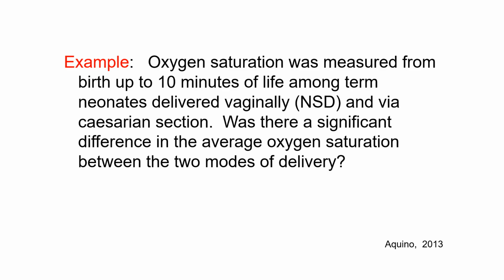There are two groups accounting for the two modes of delivery, normal spontaneous delivery versus cesarean section, and they are independent or unrelated. The null hypothesis is that there is no difference in the oxygen saturation between those delivered by NSD versus those delivered by cesarean section. And the alternative hypothesis is that there is a difference.